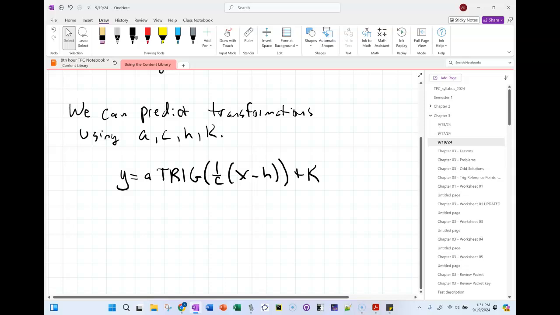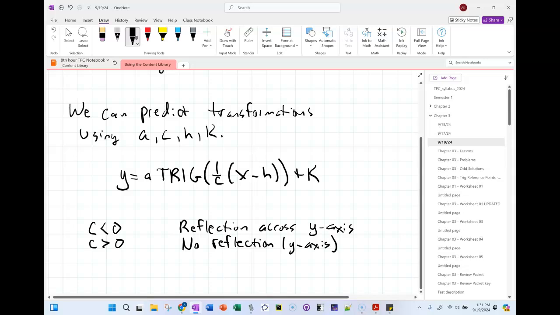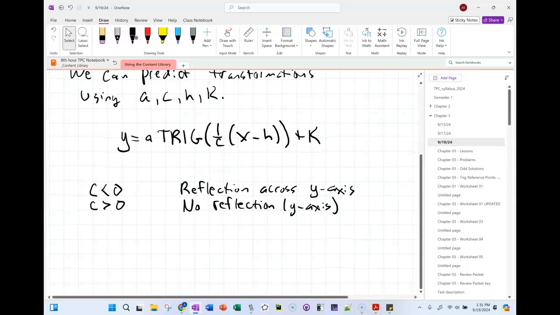We'll start with the C's. If C is less than 0, so negative, we have a reflection across the y-axis. And if C is positive, we don't have any reflection on the y-axis. So far, so good? But C actually does something else also.